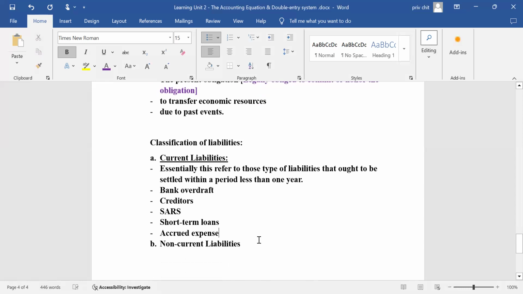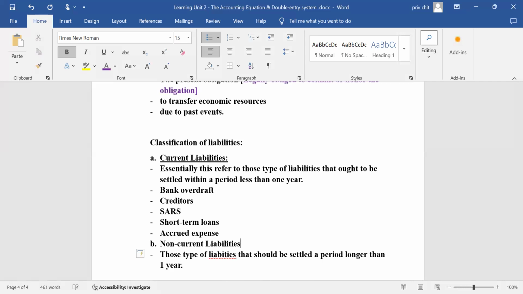So that's current liabilities. And then we also have to look into the other classification group of liabilities, which is non-current liabilities. Essentially, this one refers to those type of liabilities that should be settled after a period longer than 1 year.